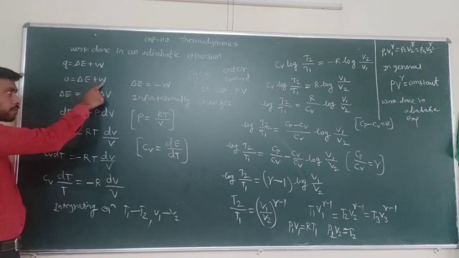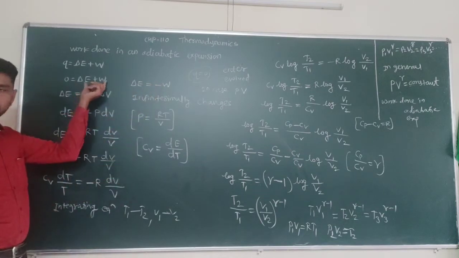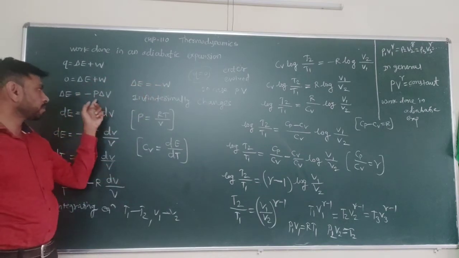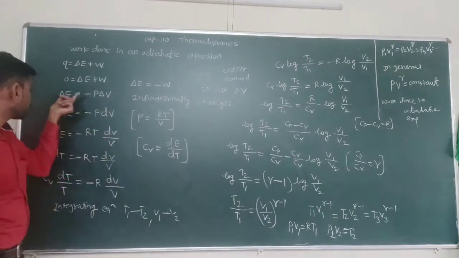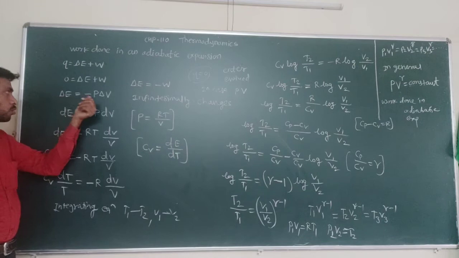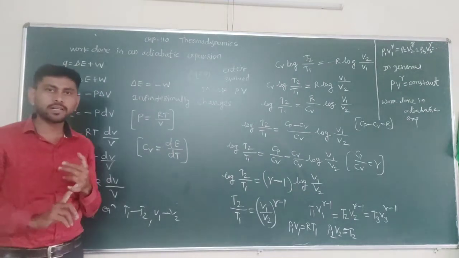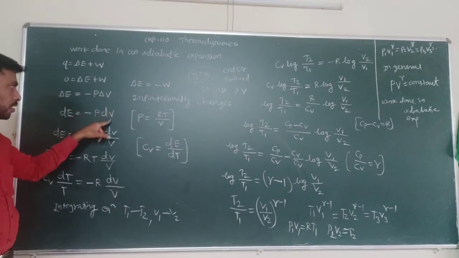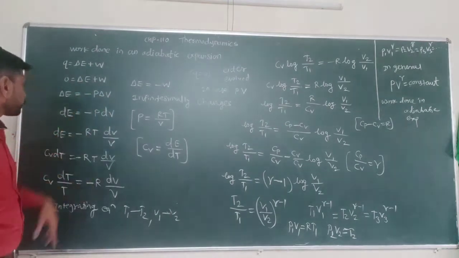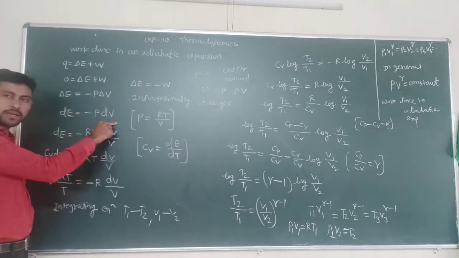So 0 equal to delta E plus W, so delta E is equal to minus W. Now for pressure-volume type of work, W is equal to P delta V. So delta E is equal to minus P delta V. In very small, infinitesimal or differential form, we can write dE equal to minus P dV. So we obtained this equation here.